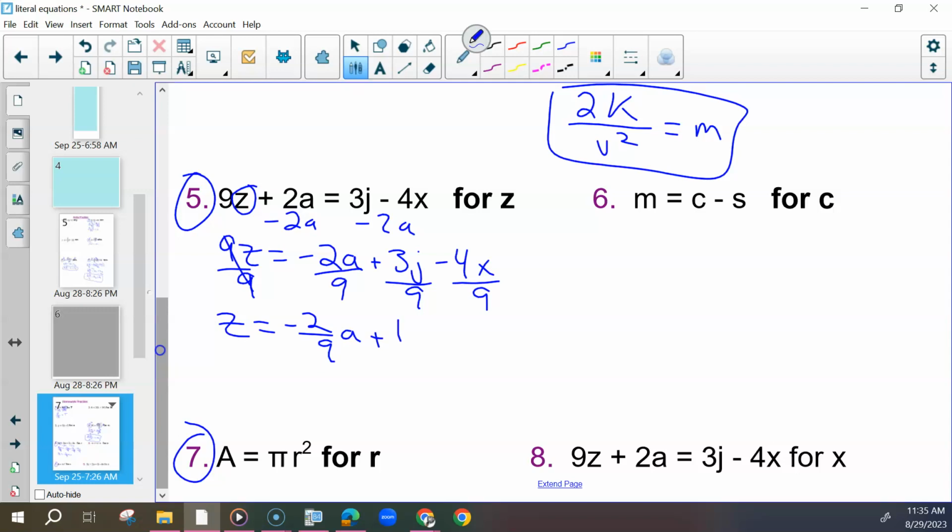So you can put 1 and then 3. Or you can put it as j over 3. Both of those are the same things. And then minus 4 over 9x. Or -4x over 9. Either way, doesn't matter. Do you have any questions on that one? Confused about anything so far?